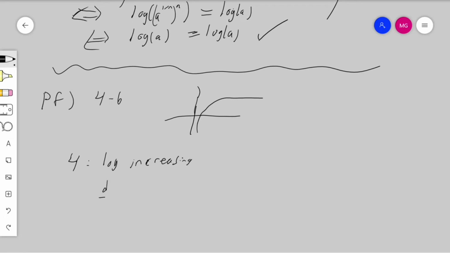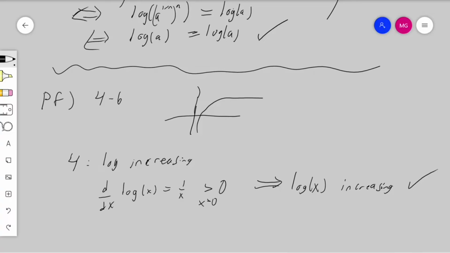Well, it's simple, because if you differentiate log of x, it gives you 1 over x, and that's positive because x is positive. And so if the function's derivative is positive, that implies that the function itself, which is log of x, is increasing. So that's just immediate based off the fact that its derivative is positive.